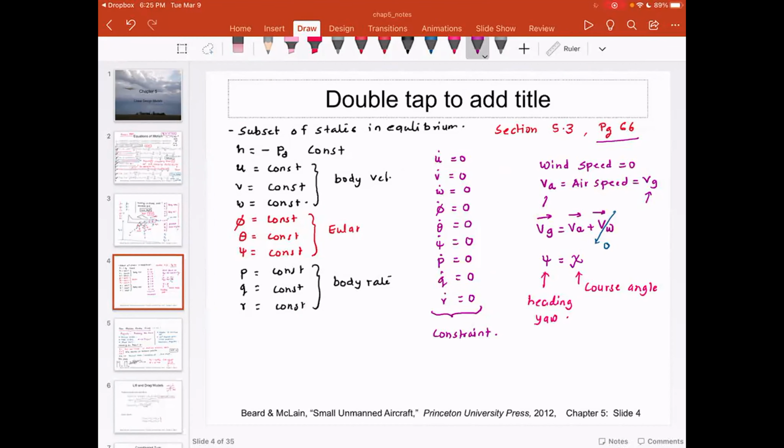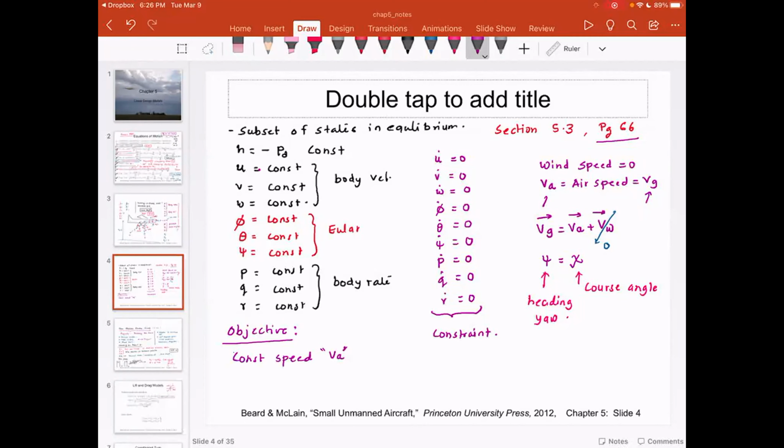So now, here is the objective: I want the aircraft to travel at constant speed. And this constant speed is VA. Now just think about it.